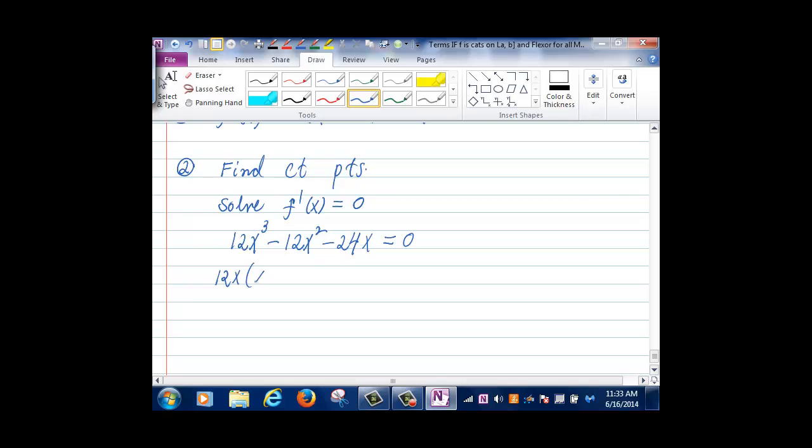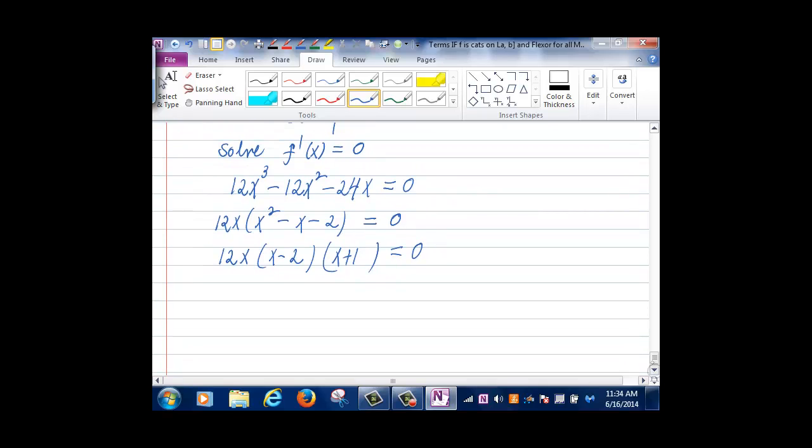So I get x squared minus x minus 2, right? And can I factor the quadratic here? What is that? x minus 2, x plus 1. And so finally, what are the solutions? x could be 0, x could be 2, or x could be negative 1, right? So these are the critical points that I get.